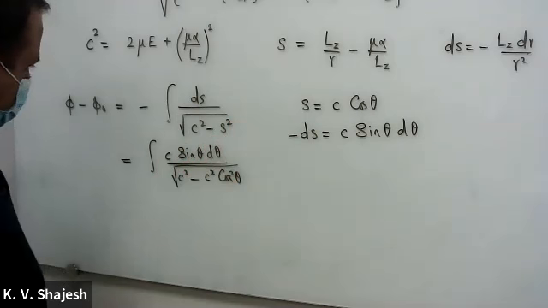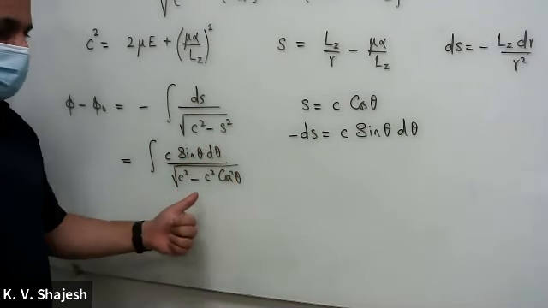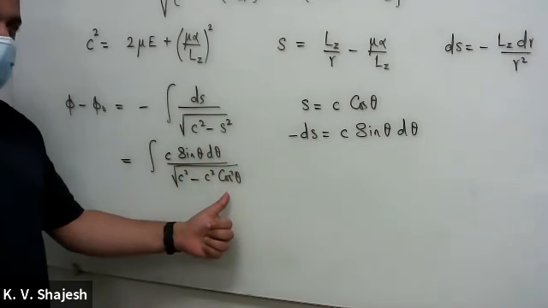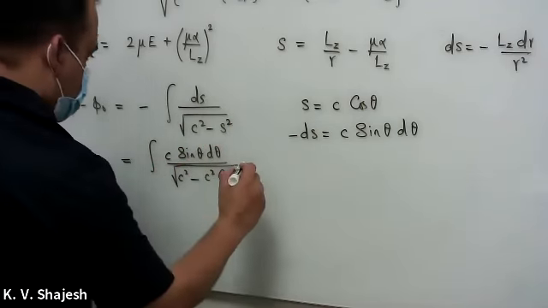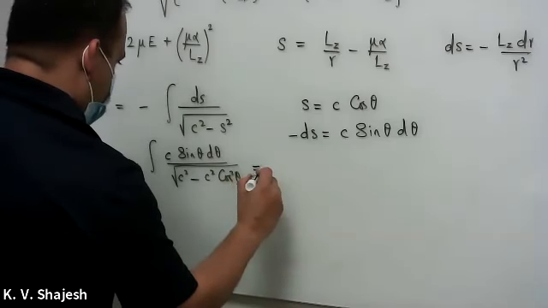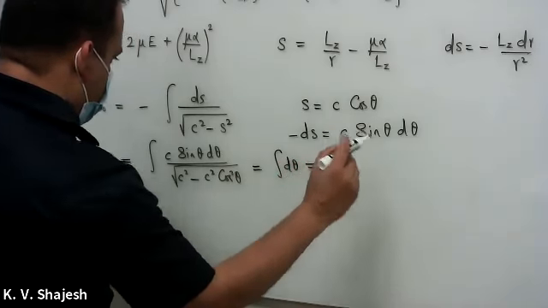And you notice that this is again c sine theta, since 1 minus cosine squared is sine squared theta. C comes out, it cancels out, and that's just the integral of d theta.